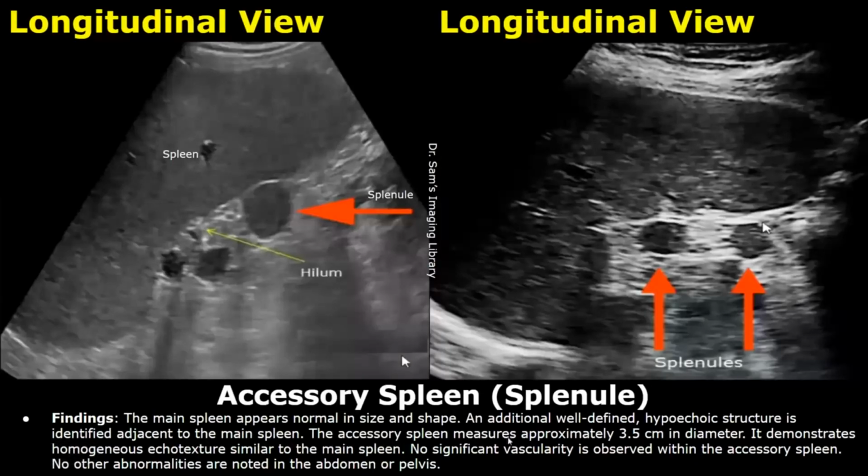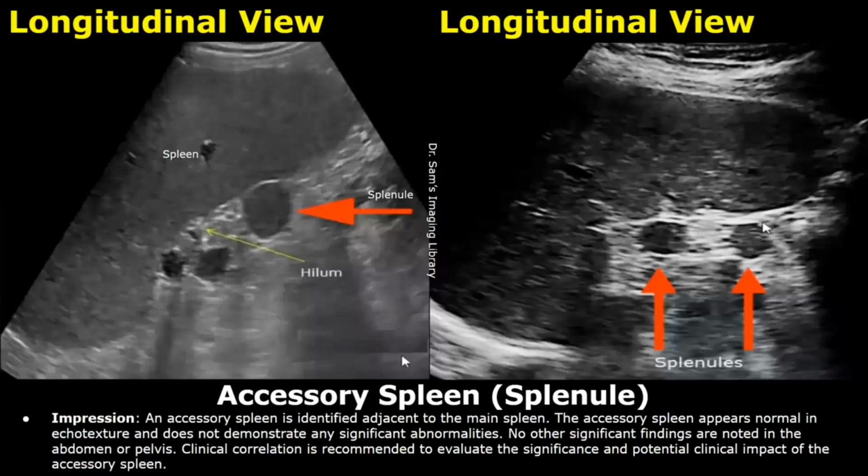Then the size of this accessory spleen is written. It demonstrates homogeneous echo texture similar to the main spleen, and there was no significant vascularity within the accessory spleen. No other abnormalities are noted elsewhere in the abdomen or pelvis.